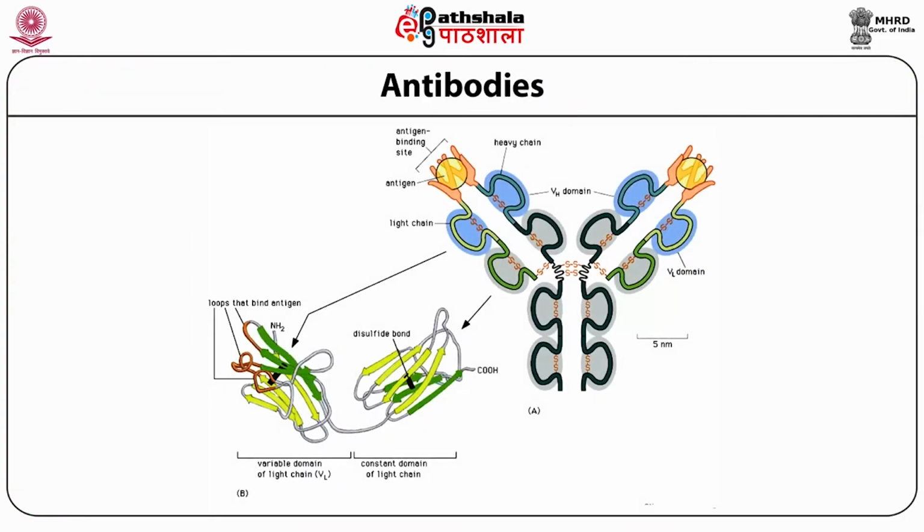Antibodies again are Y-shaped. As proteins they form an active site where antigens, bacteria, or viruses come to the antibody, bind together, and the activities of the virus or bacteria are inactivated.